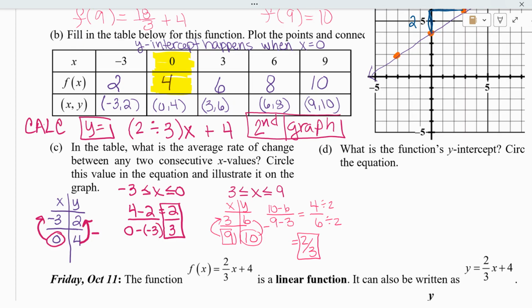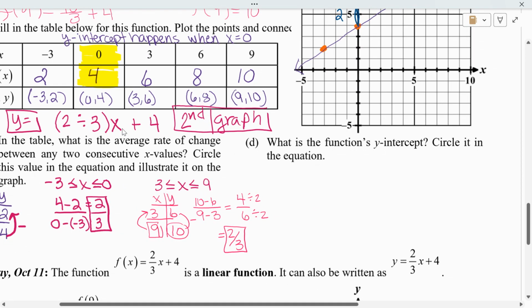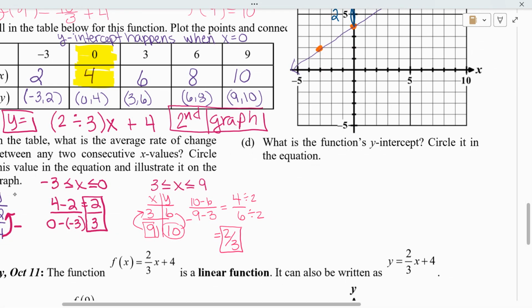Linear equations have a constant rate of change. Question D says, what is the function's y-intercept? Tim already told us. Say it again, Tim. It's the ordered pair 0, 4. And that is your warm-up.